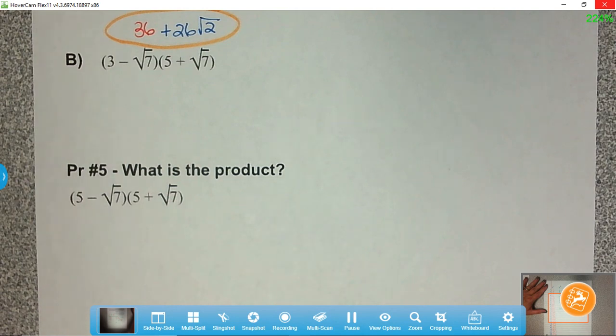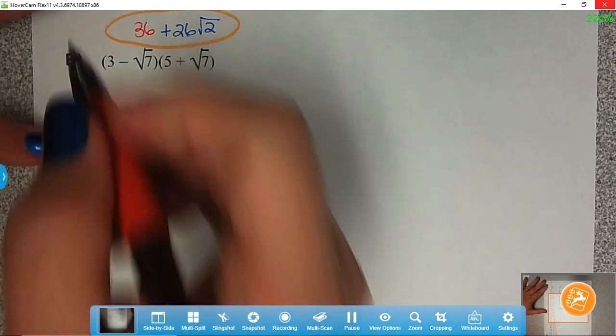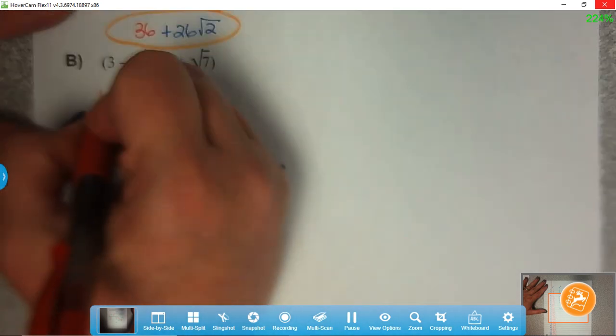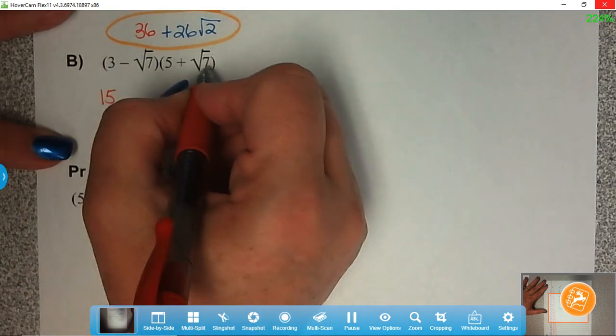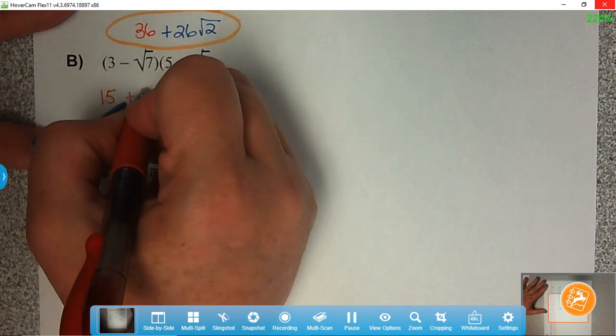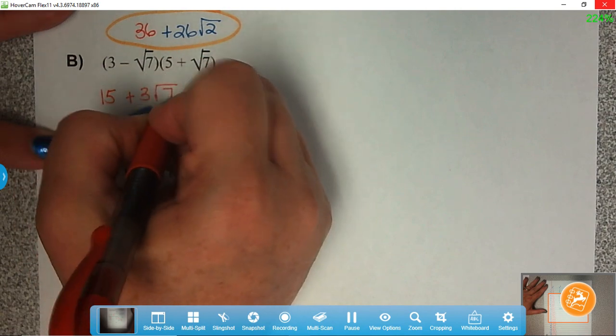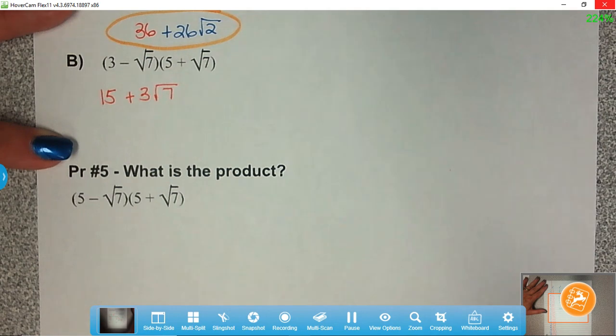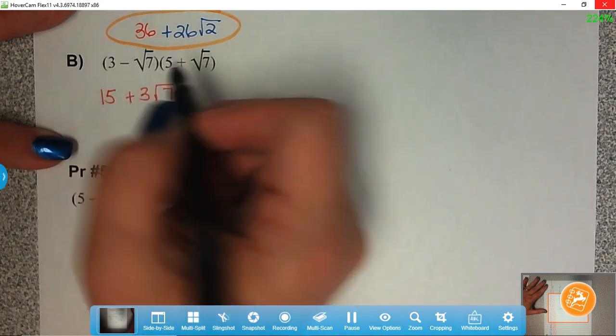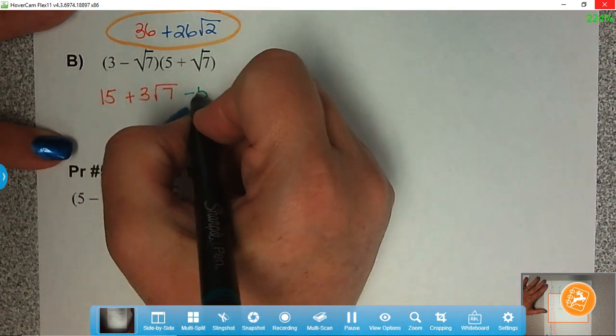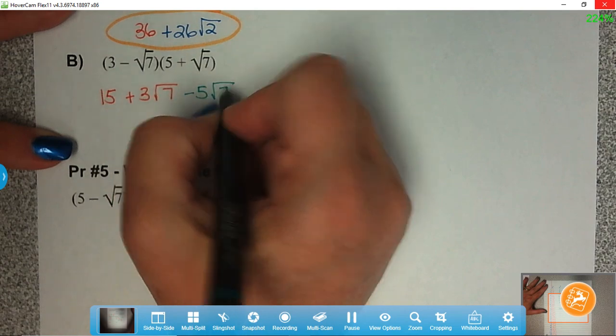3 minus the square root of 7 times 5 plus the square root of 7. So 3 times 5 is 15. 3 times square root of 7 is plus 3 square root of 7. Negative square root of 7 times 5 is minus 5 square root of 7.